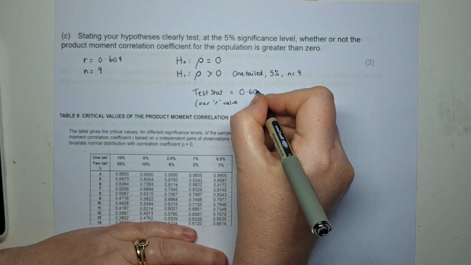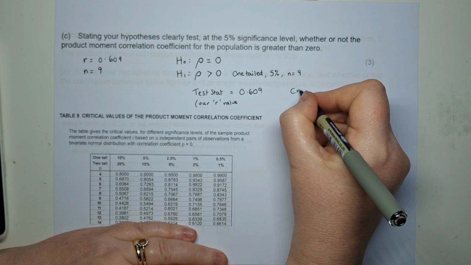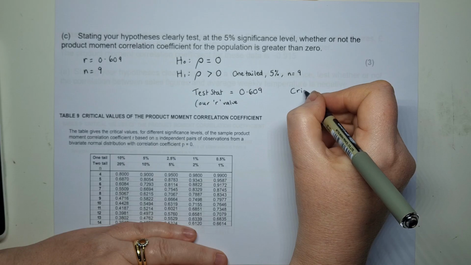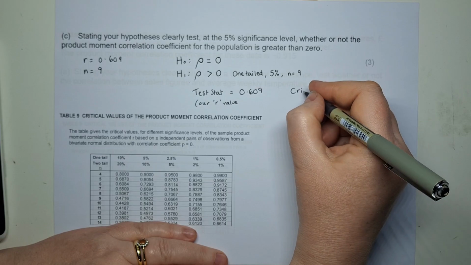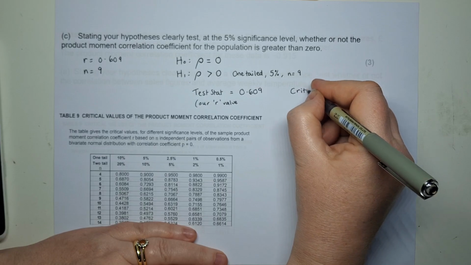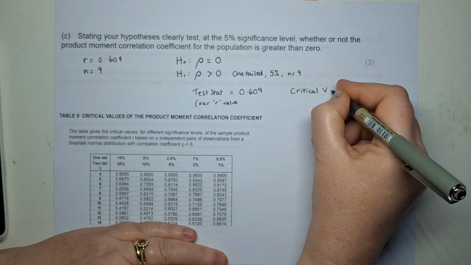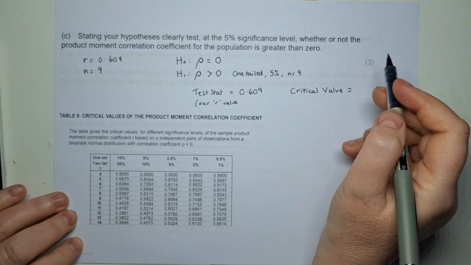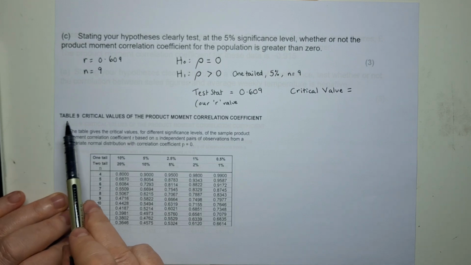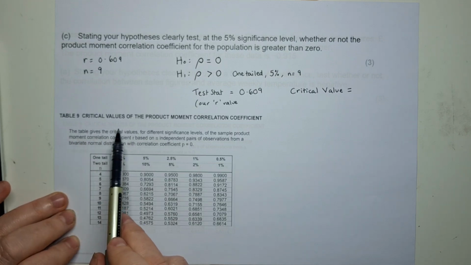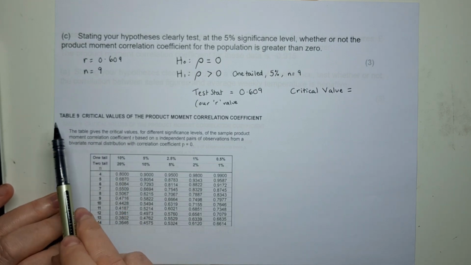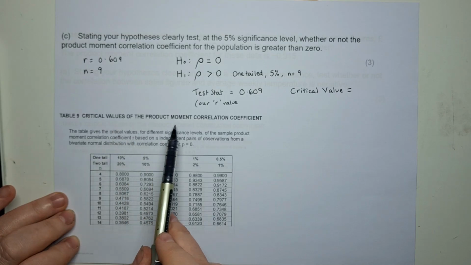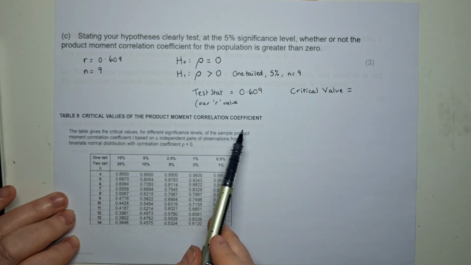And then what we do is in the tables, which will be in the exam room on your desk, we look up the critical value. This is something that's not on your calculator, but you have to look in your stats tables book, and you will see, quite a way through the book, table 9, critical values of the product moment correlation coefficient.